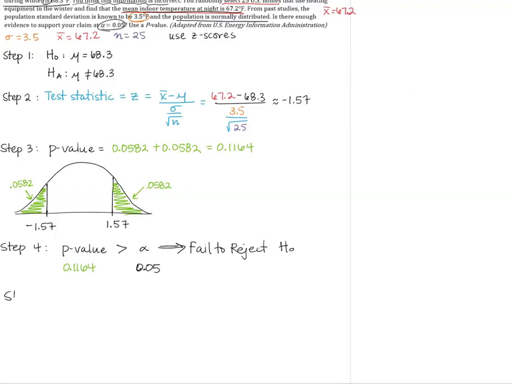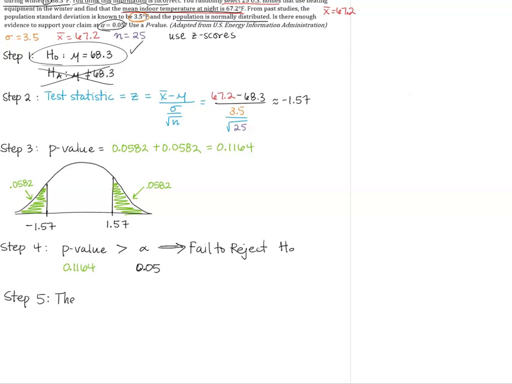So now that we have made our decision, let's go on to think about what our conclusion will be. If we are failing to reject the null hypothesis, we are not rejecting the null hypothesis. Remember that we're writing the conclusion in terms of our alternative hypothesis. So we're not taking the alternative.